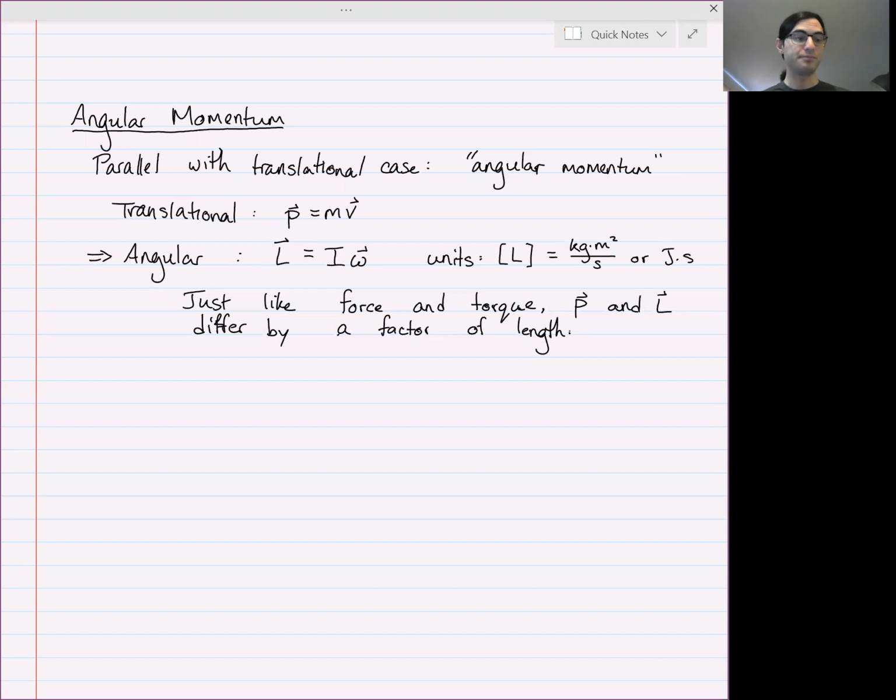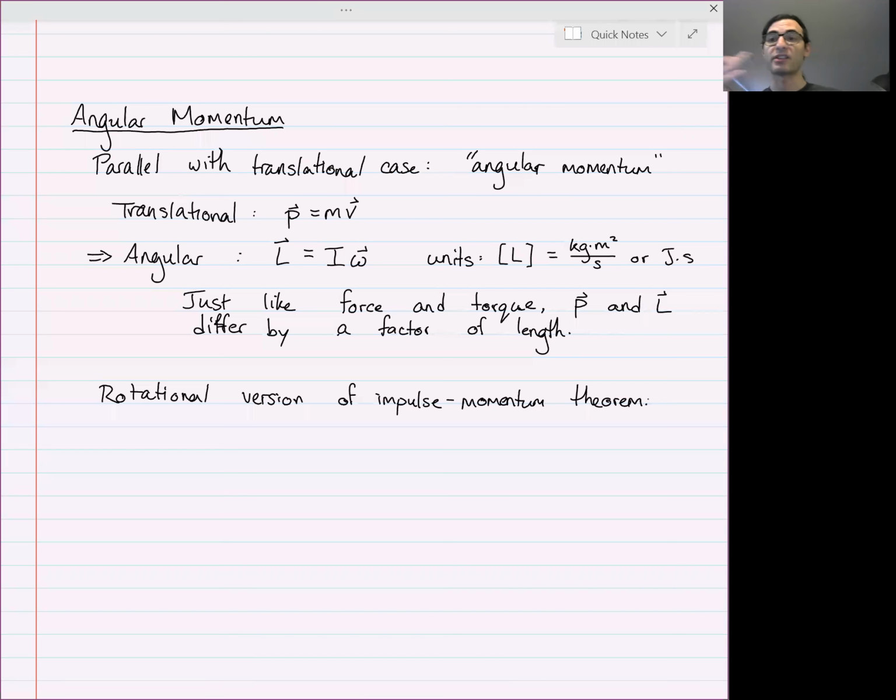So if such a quantity exists, and I'm telling you it does indeed exist, if we can write a quantity called angular momentum, L equals I omega, then we would expect that there is a rotational version of the impulse momentum theorem. Remember, the impulse momentum theorem was basically a statement about when momentum is conserved.